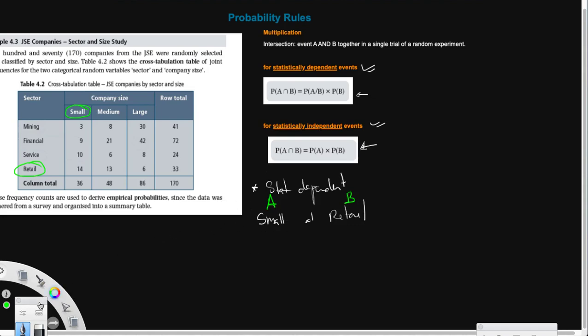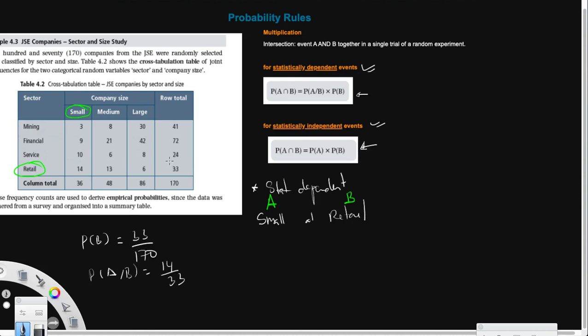And now let's look at our formula. The first thing that you do, you find out the probability of B for a retail company, which will be the total 33 divided by 170, and the conditional probability of A given B, that one will be small over retail, so you will do 14 divided by 33.